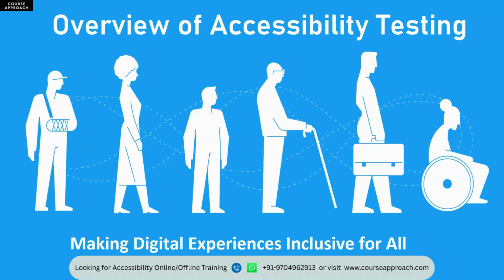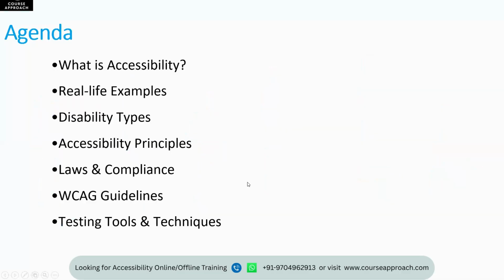Let's see the agenda that I have planned. What is accessibility, followed by real life examples. How do you connect the dots, and the types of disabilities that we have. To test anything, we should have accessibility principles, right? So that's why we have accessibility principles as part of the agenda. We also have lots of laws and compliance in accessibility testing.